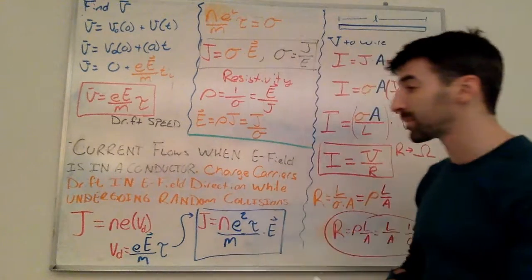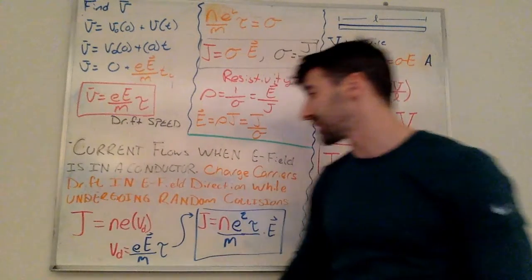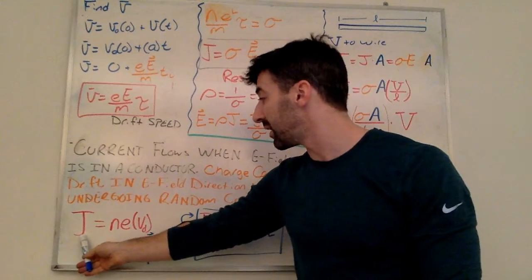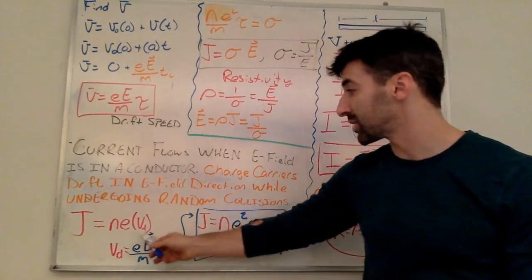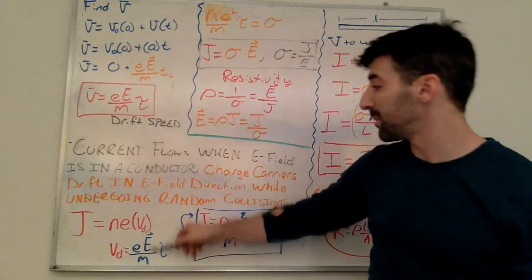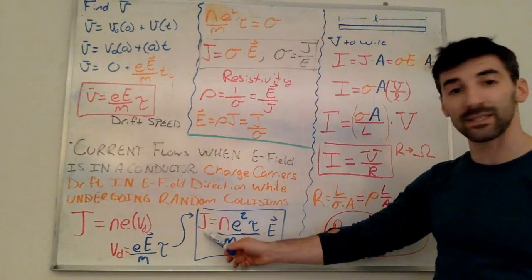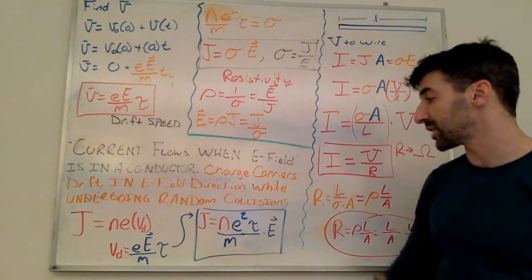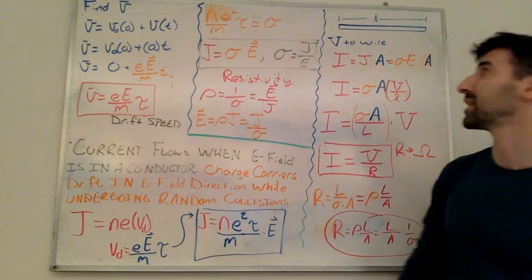Well, if I'm undergoing random collisions, I don't want each individual velocity. I want the velocity over the entire time scale. So I have my current density, J, number of charge carriers times the charge times my drift velocity. Plug in my drift velocity, and we find out that J, my current density, is equal to the number of charge carriers, N, times e squared times tau divided by mass, times that electric field.